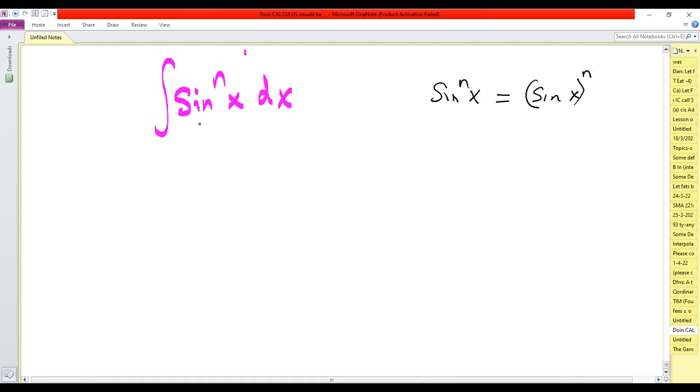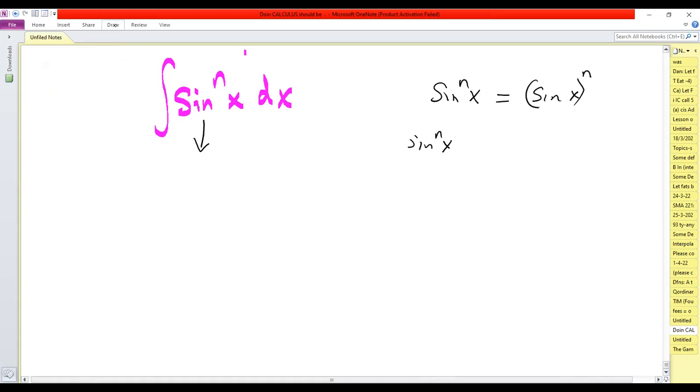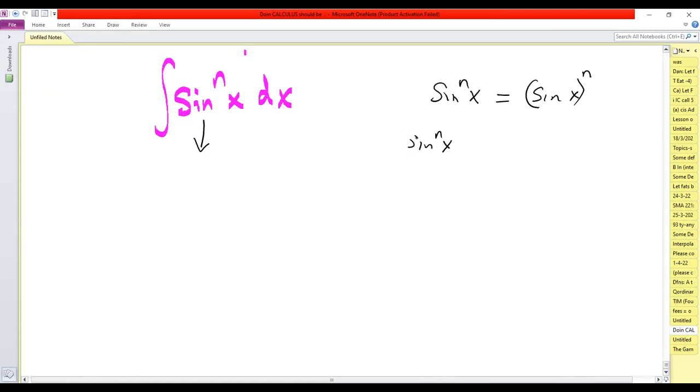So we can rewrite this as sine x power n, which is the same as sine x power n minus 1 times sine of x, power 1.